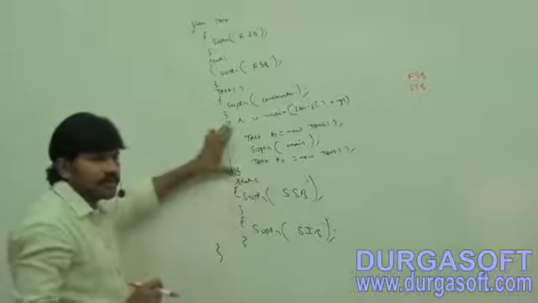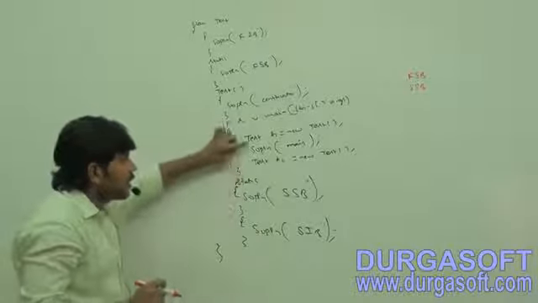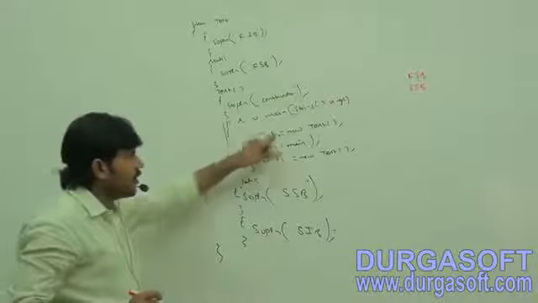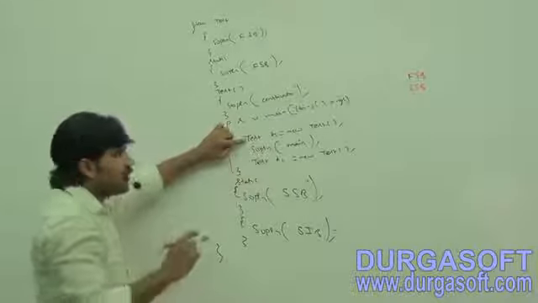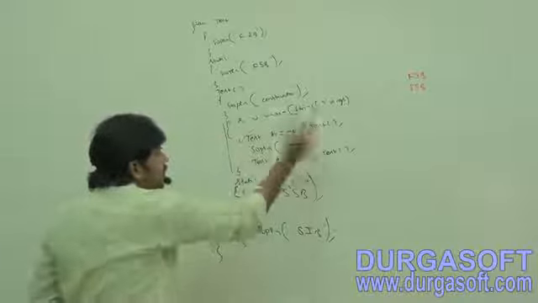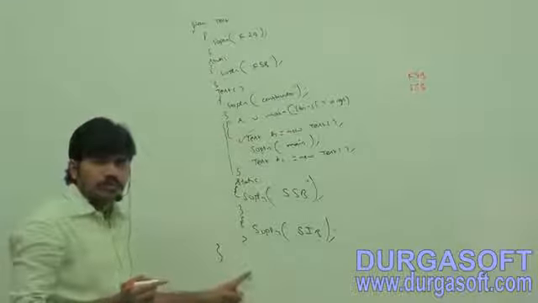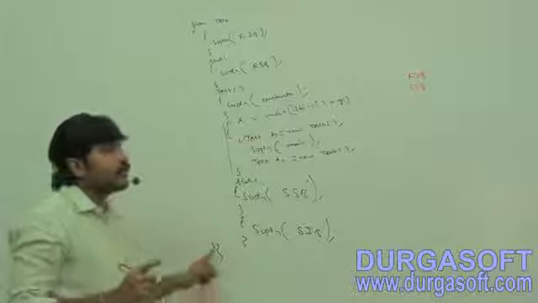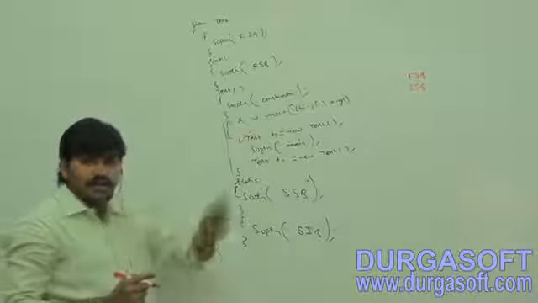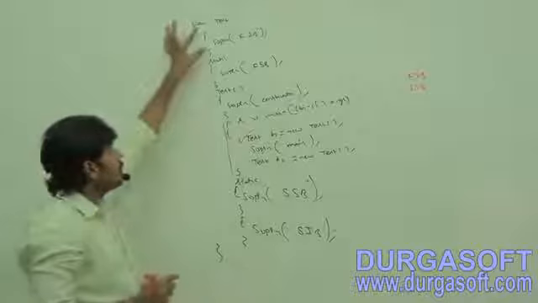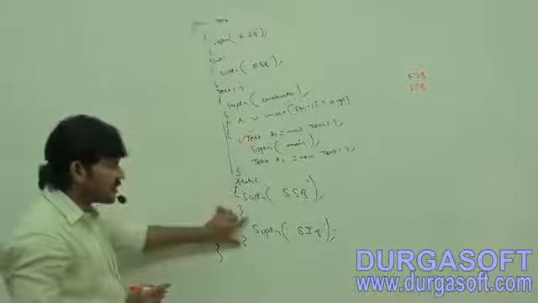I want to execute main, but within main I am creating an object: Test t1 is equal to new Test. Whenever we create an object, there is identification of instance members from top to bottom, then execution of instance variable assignments and instance blocks from top to bottom. Here one instance block is there, here a second block is there.